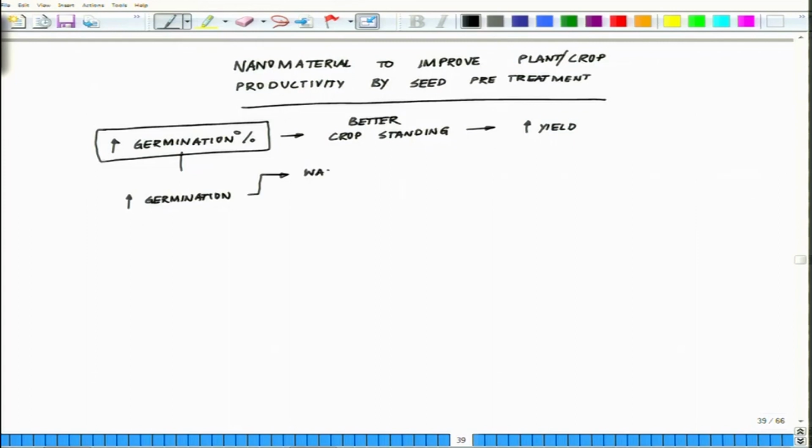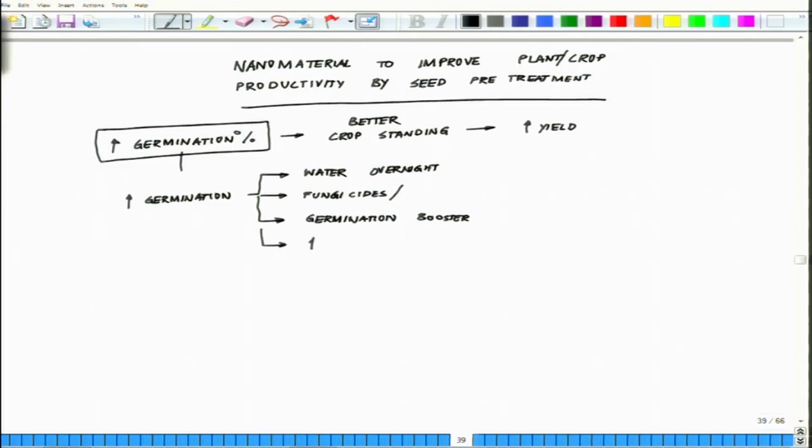The major treatment they do possibly is water treatment, or overnight treatment in water. Apart from it, they use different kinds of fungicides, germination boosters, or any other agent which will help strengthen the seed's immune system.